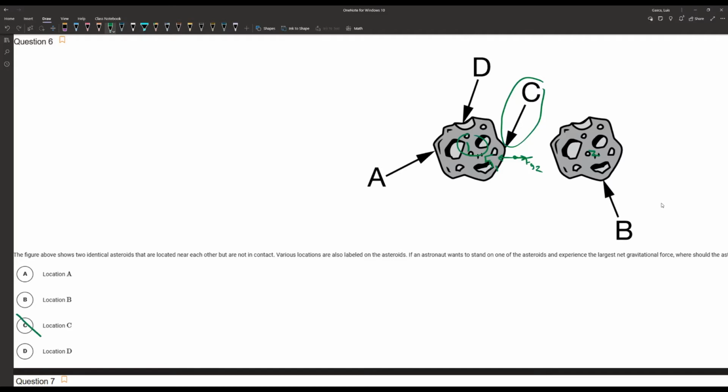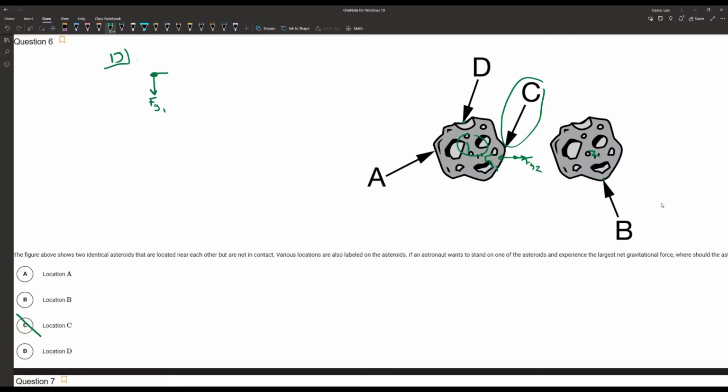When I'm at point D and point B, those are pretty much the same thing. Whether I stand on the top or the bottom, that doesn't change anything. Now, if we look at this scenario here, let me do it off to the side. If I draw the free body diagram for the astronaut at D, we have a gravitational force from asteroid 1 pulling us this way.